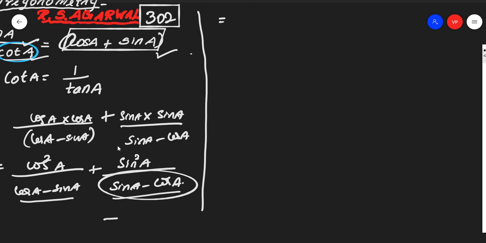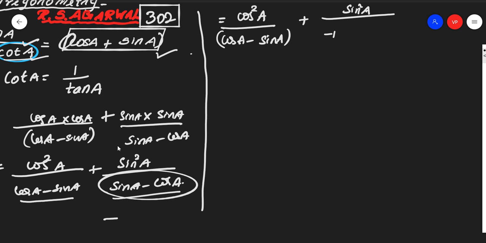Keep the first fraction cos square A by cos A minus sin A as it is, plus sin square A, and in the denominator we take out minus 1. So sin will be minus and cos will be positive.